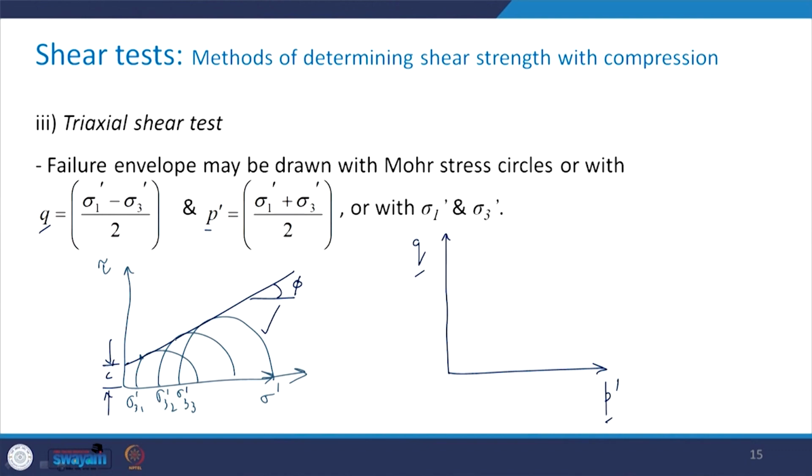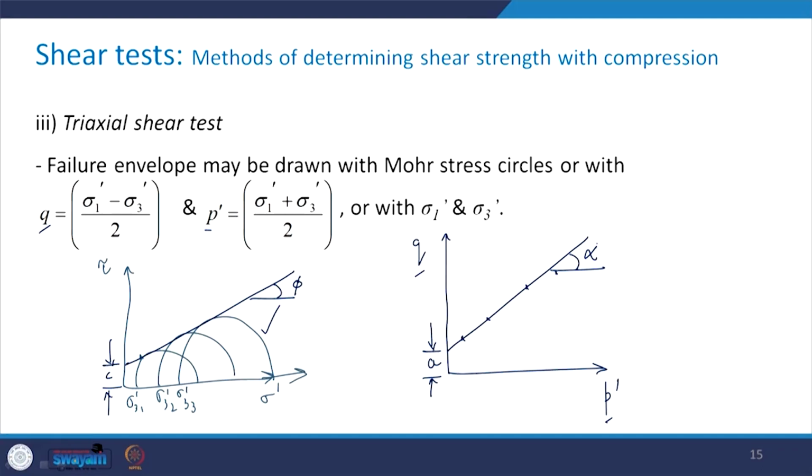So, corresponding to each of these you will be getting these points, then you try to fit a straight line here. Now, say that this intercept is A and this angle is alpha.